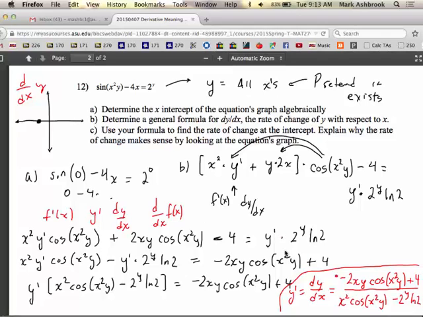Okay, and why is it now that the rate of change function not only has x's in it, but also has y's in it? Why does it have x's and y's instead of just x's?